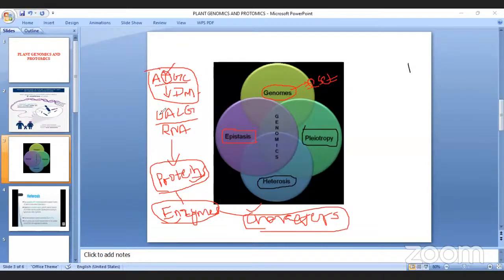Altered. Tell me the sequence. UCG. Now, what about the protein? Does it produce the same protein or a different protein? A different protein.